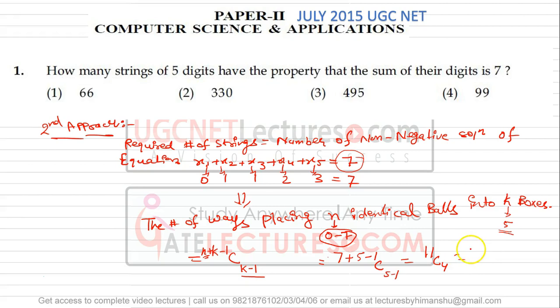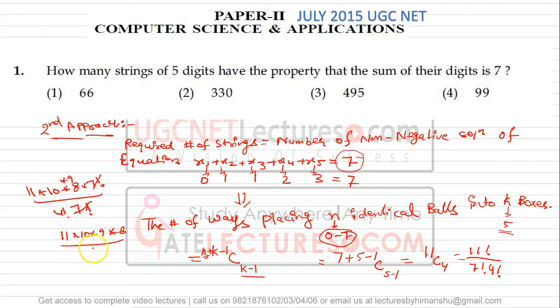So 11 c 4 is 11 factorial upon 7 factorial into 4 factorial. 11 into 10 into 9 into 8 into 7 factorial upon 4 factorial into 7 factorial. 7 factorial cancels, and we have 11 into 10 into 9 into 8 upon 4 into 3 into 2.